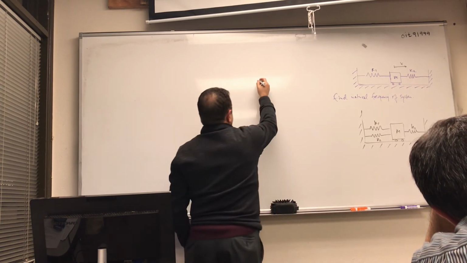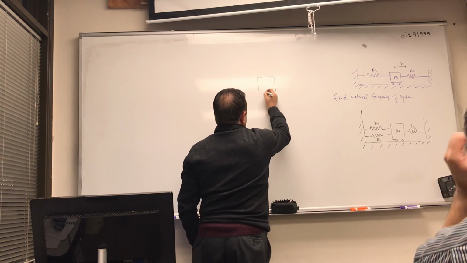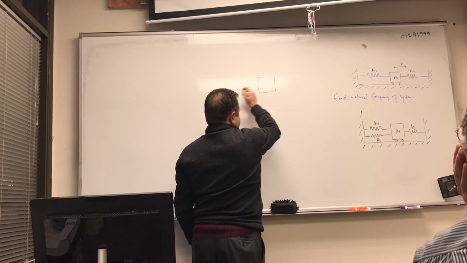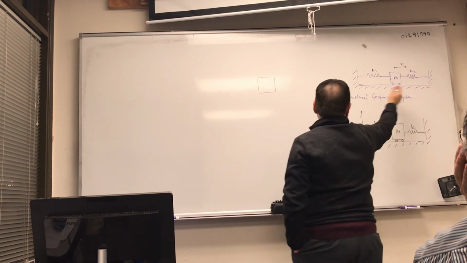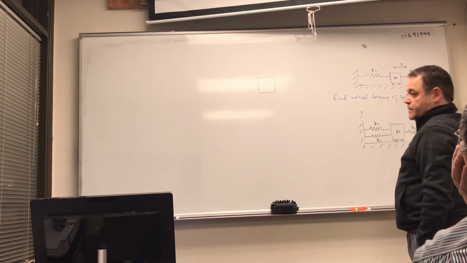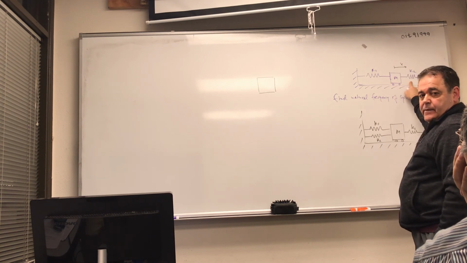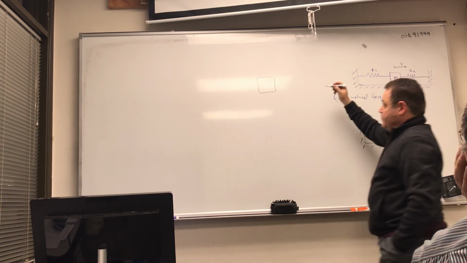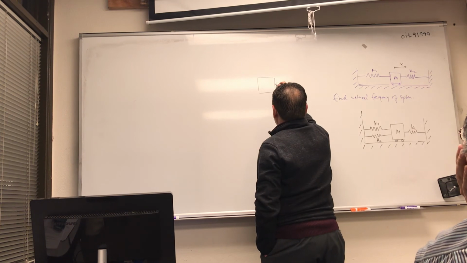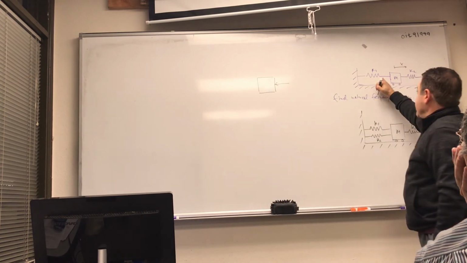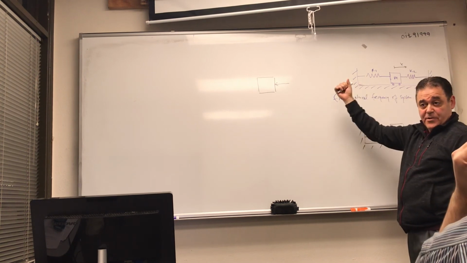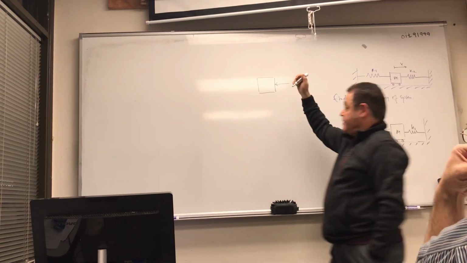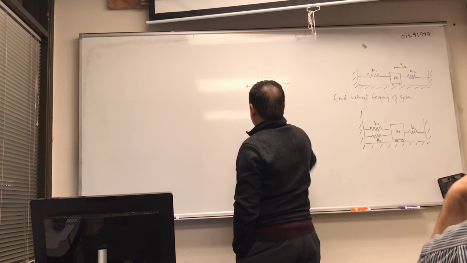If I draw the free body diagram of M on the first one, what are the forces acting in this x direction once I pull it to the right? What is K2 going to be doing? K2 is going to be pushing it this way. How about this guy? Same direction. It will be in tension, so it will try to pull it in this direction.